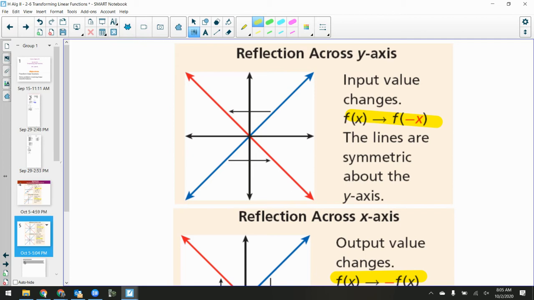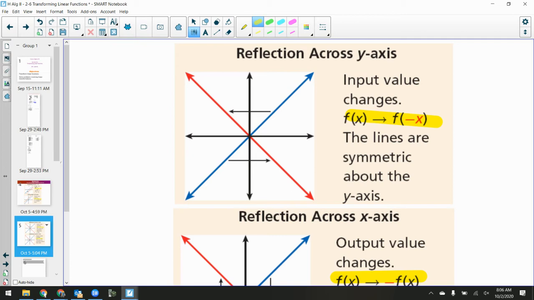I'm changing the input value again. Why does the input value change? Because again, if I'm reflecting across that vertical axis, I'm changing the horizontalness of it, right? I'm changing the left and right of it. So I've got to change the x value. So what does that mean? We're going to take f of x and map it to f of negative x.